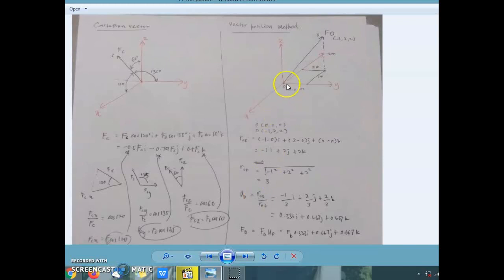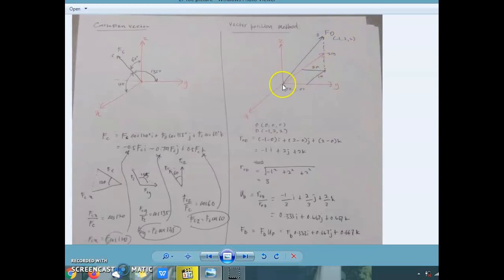We have two coordinates here: the origin coordinate, which is 0, 0, 0, and the coordinate of D, which is -1, 2, and 2. If you look at here, D is in the position where X is 1 meter away, and axis Y is 2 meters, so -1 and 2.